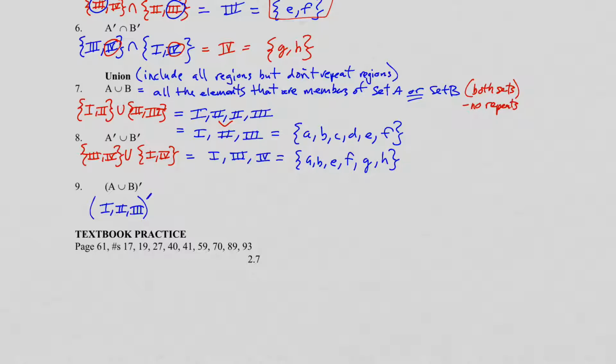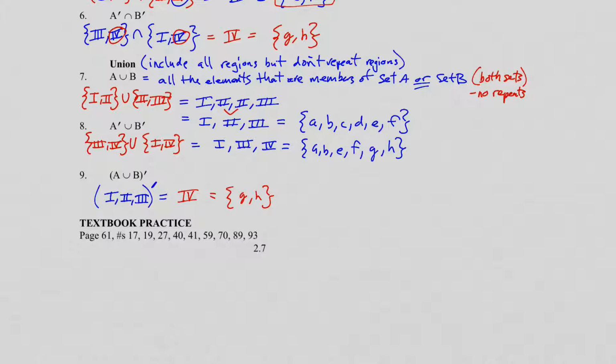And the complement of that. Okay, what do you think that is? Alright, so stop the video and see how you do. Alright, so you should have gotten region 4. That's the only region that's not included in 1, 2, and 3. It's region 4. And region 4 happens to be G and H.